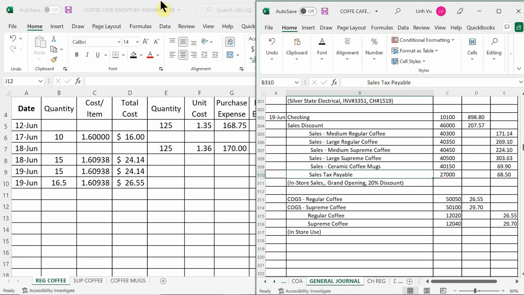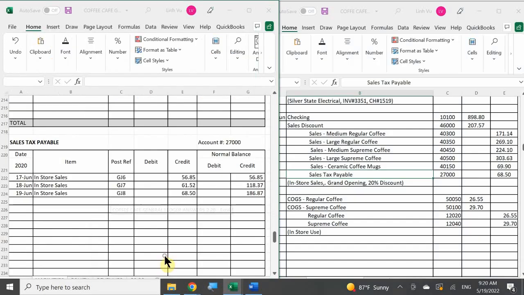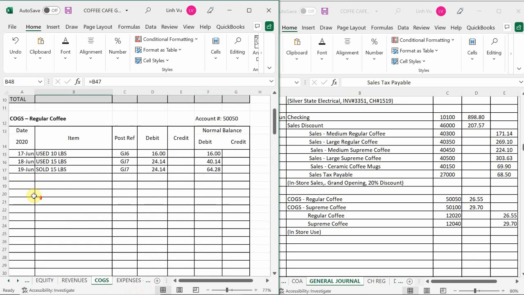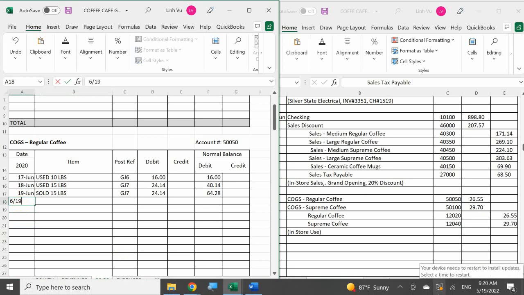So now that I finished my inventory, I now need to update my ledger to reflect the amount so I can double check with my inventory worksheet. Okay. So first off, I got a cost of goods sold. I end up using 16 and a half pounds, which cost me $26.55.